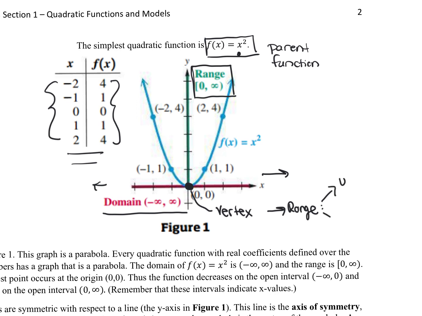If I open up, then it's from the y part of the vertex to infinity. Put a y part there. If I open down, then it would be, oops, that's supposed to be a parenthesis. It would be from negative infinity to the y part of the vertex, the bracket.